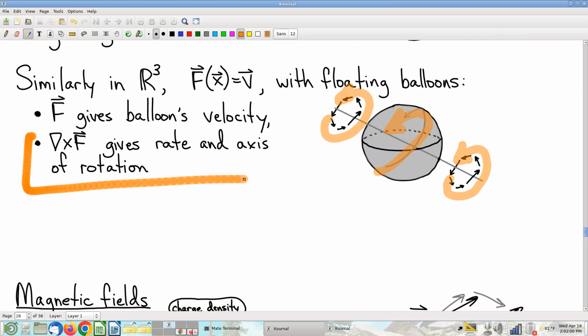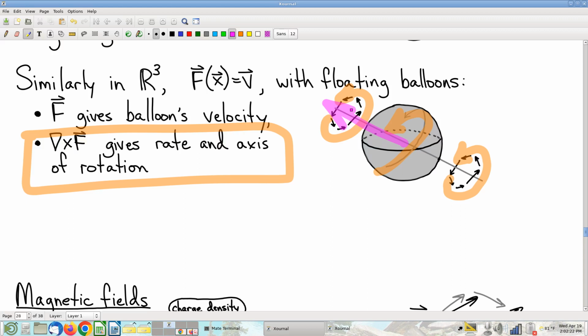Curl is indicating the rotational aspect of the three-dimensional fluid, and therefore the nature of the rotations of these small floating balloons. And so again, let's see here. I'll use purple. The direction that the curl points is an indicator of the axis that those balloons will be rotating around.